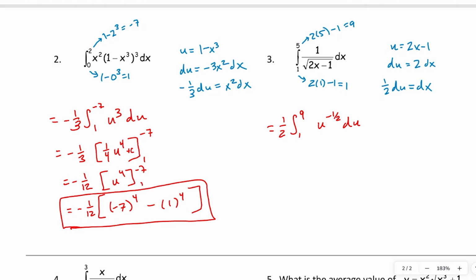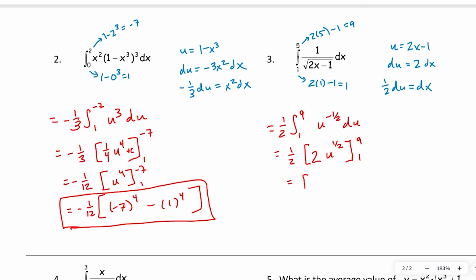All right, so now we can find the antiderivative. There's going to be 1/2 times, increasing the exponent by 1 brings it to 1/2, and dividing by 1/2 is 2. And we're going to go from 1 to 9. 2 times 1/2 simplifies to 1.